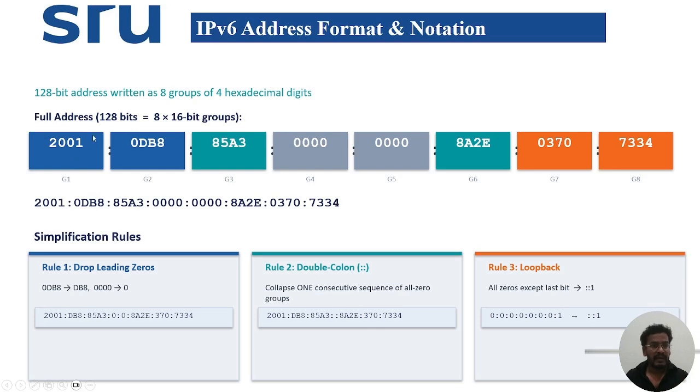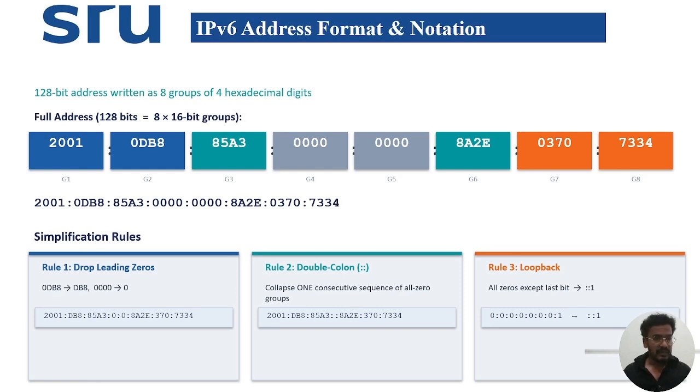The format is 128 bits, which equals 8 groups of 16 bits. By the simplification rules, rule one: drop the leading zeros from the hexadecimal format, and the result is converted like that.